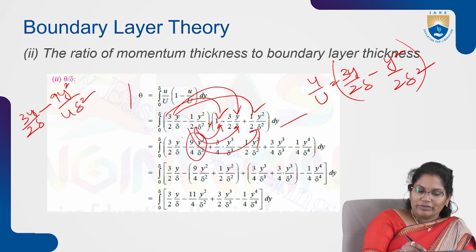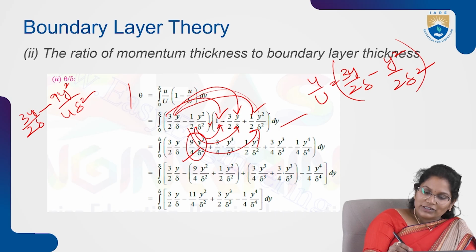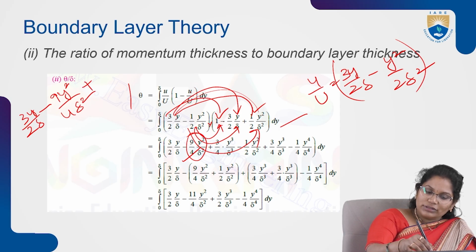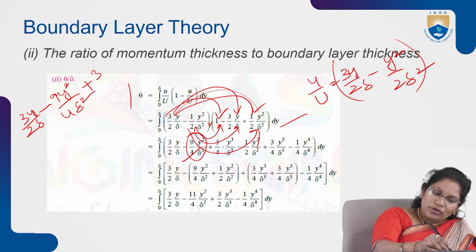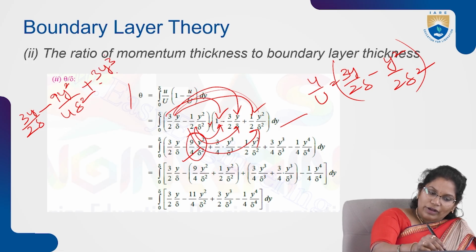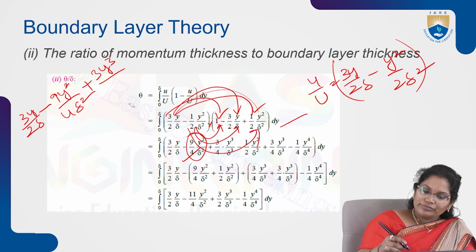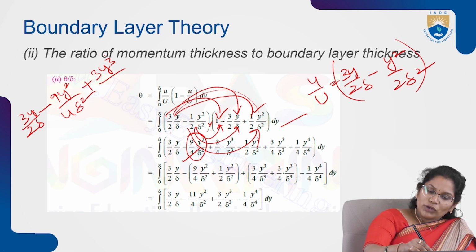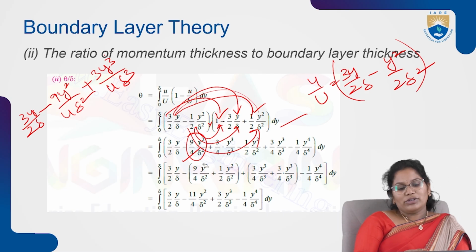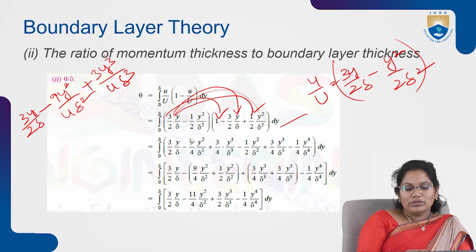This is what the equation is. And next, again with this value we substitute another one. Plus into plus is plus: 3 into y cube by 2 twos are 4 delta to the power of 3. This is the value.